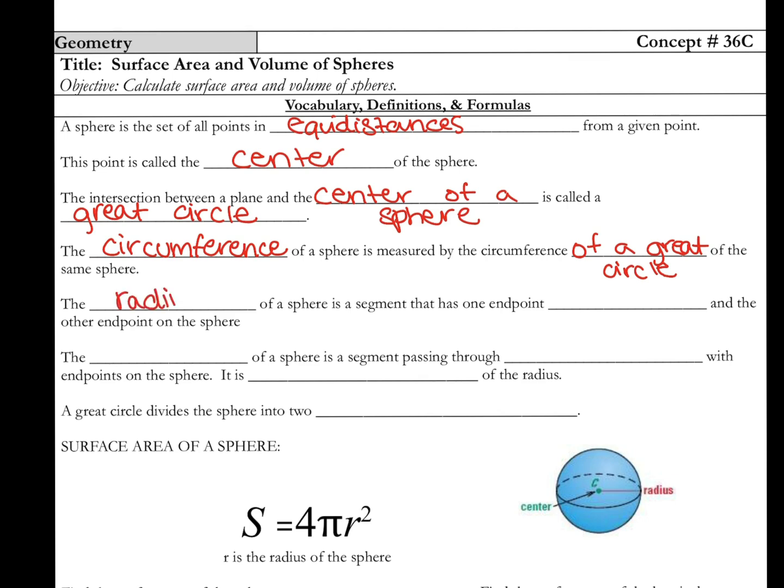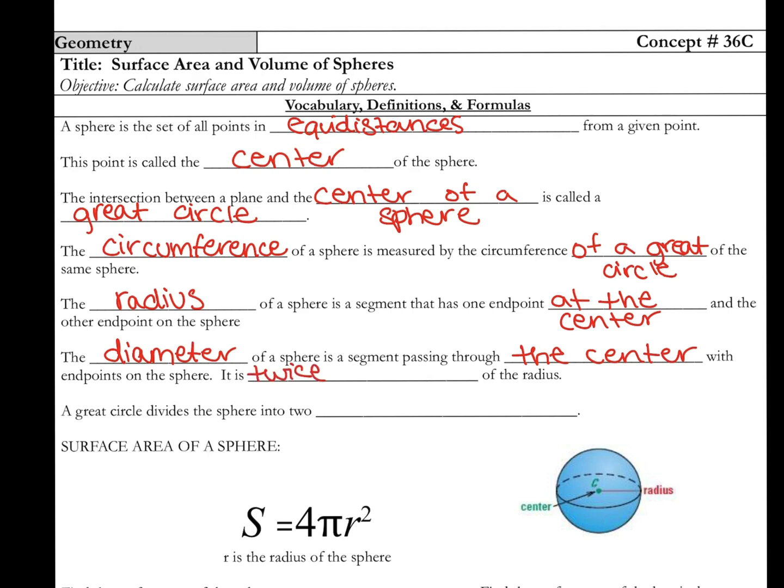The radius of a sphere is a segment that has one endpoint at the center and the other endpoint on the sphere. The diameter of a sphere is a segment passing through the center with endpoints on the sphere.